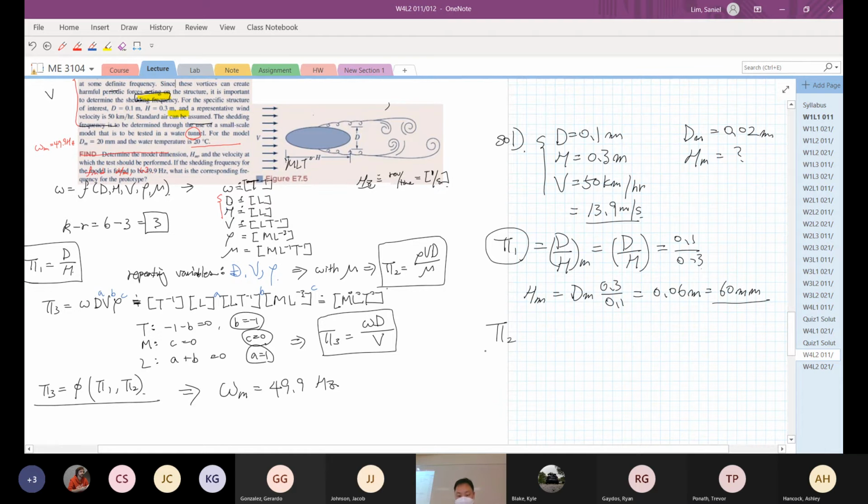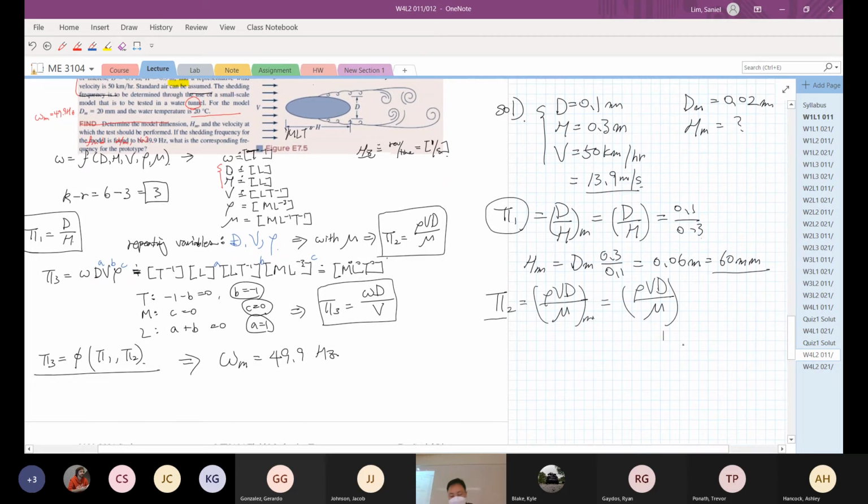And the second pi term, rho V D over mu, the Reynolds number of the model has to be the same for the prototype here. You can use the subscript P here. All right, in order to make this similarity satisfied for the pi 2, we have to find all the characteristics of the fluid.